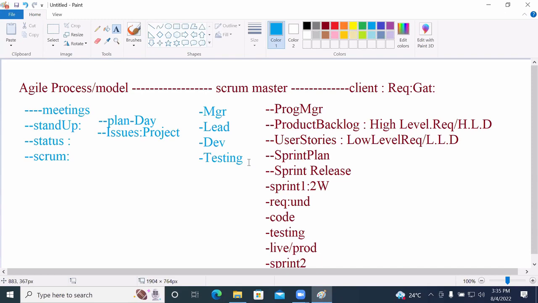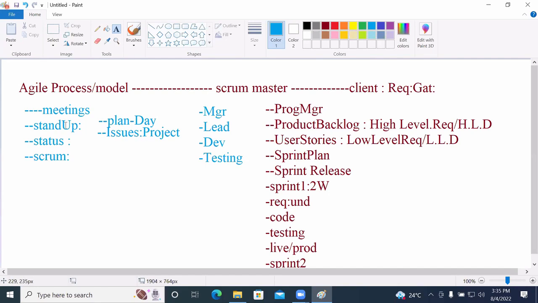Here also the same thing will happen. With these many people attending in the conference room, by sitting and having the meeting, it will take 1 hour or 2 hours. Because of that, the terminology itself clearly mentions what that meeting is: a stand-up meeting.